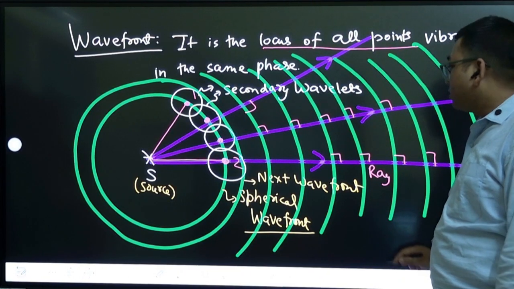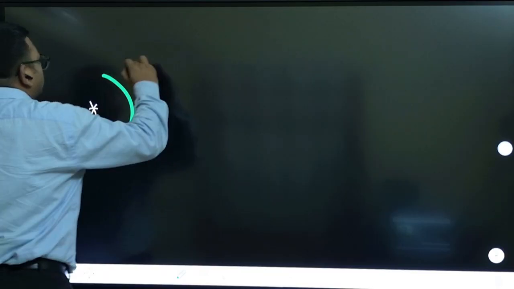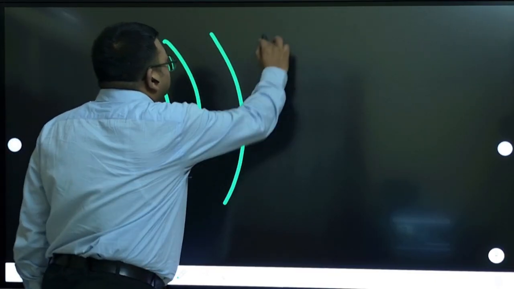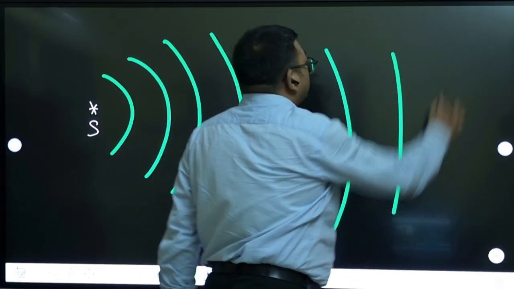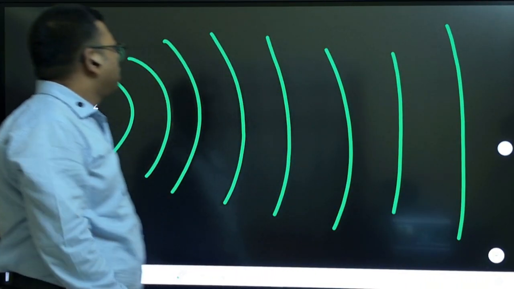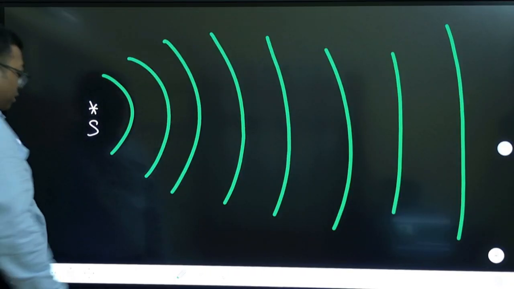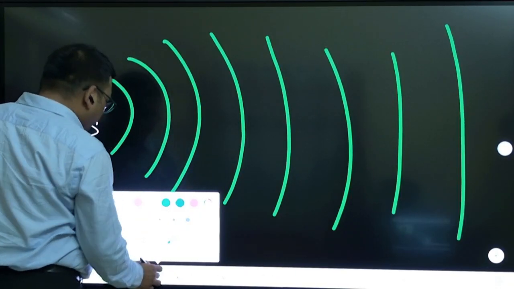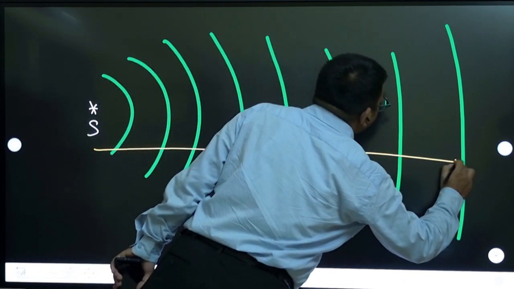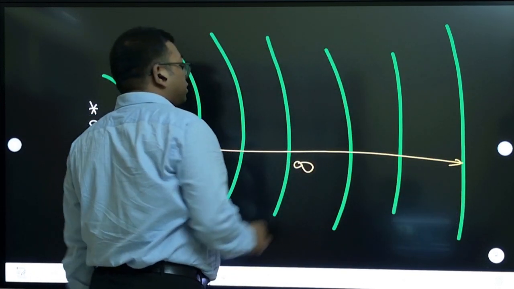Okay, so this is a spherical wavefront, but if you go very, very far away from the source, suppose this is the source, and you know the wavefronts are going this way, spherical, big, big, big, like this. As you go away from it, the radius increases, and let us consider that you are standing at a very, very large, infinite distance.